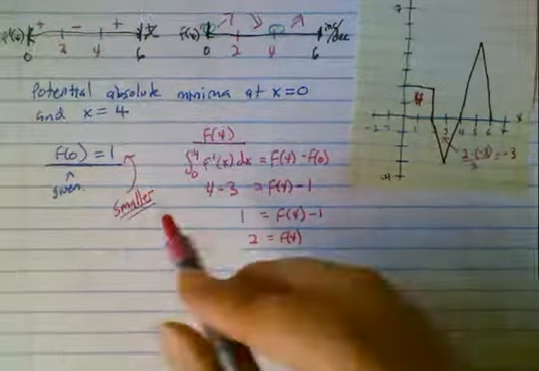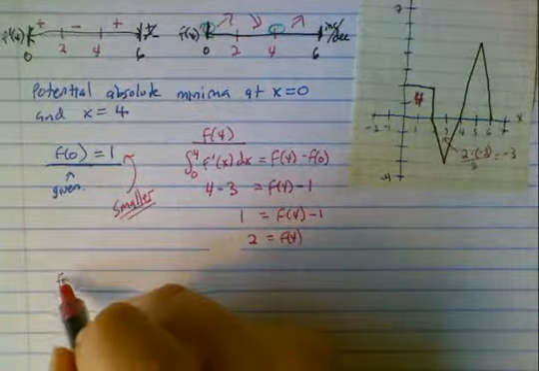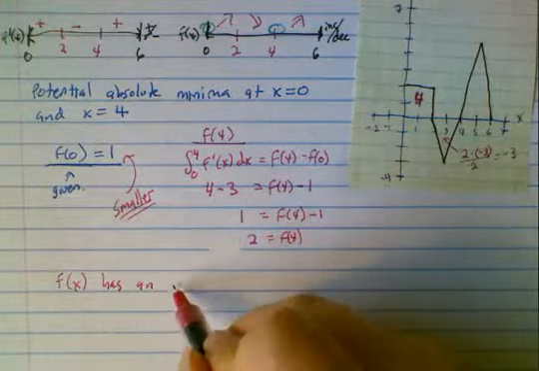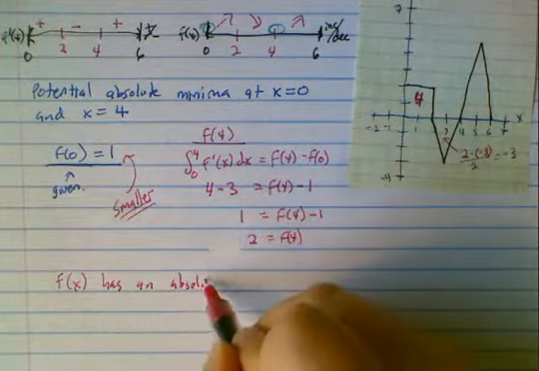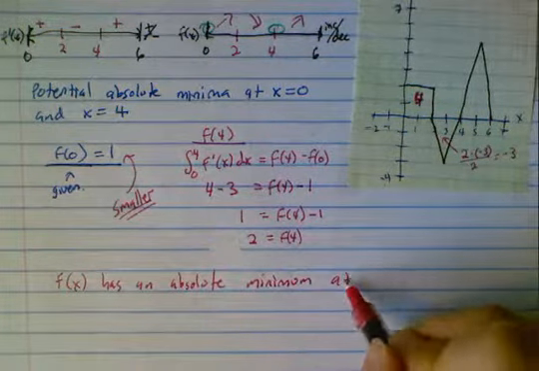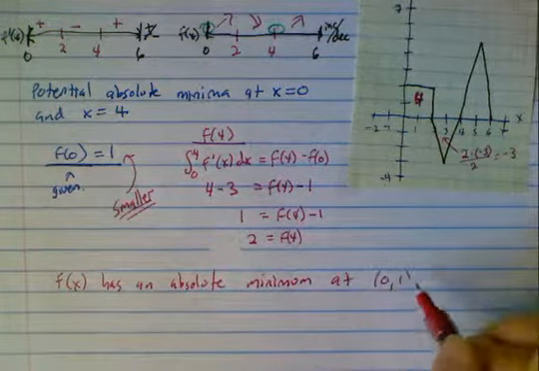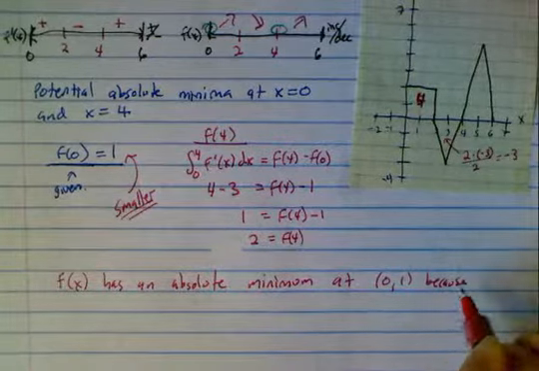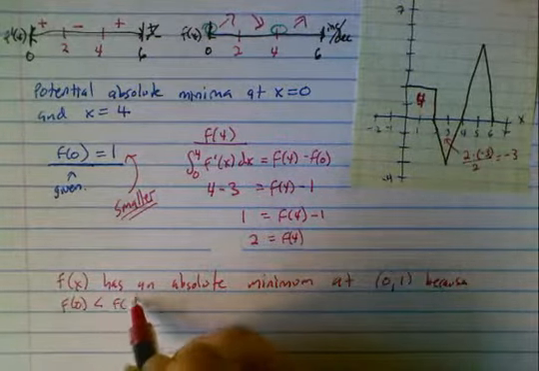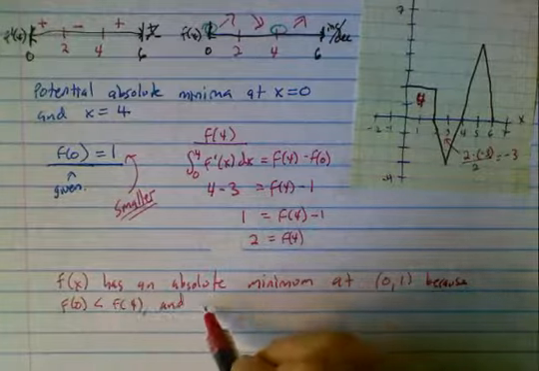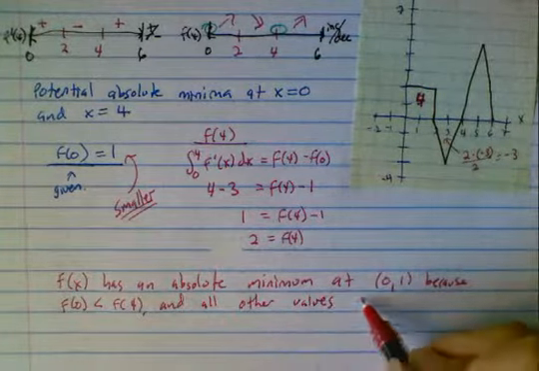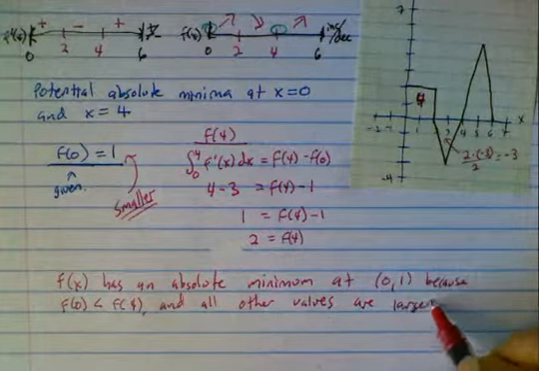So that means f of x has an absolute minimum at the point 0, 1, because f of 0 is less than f of 4, and all other values are larger than these two.